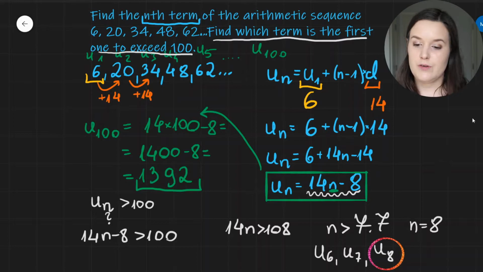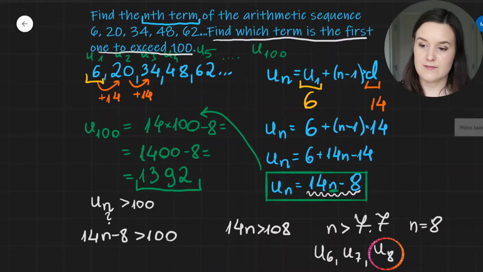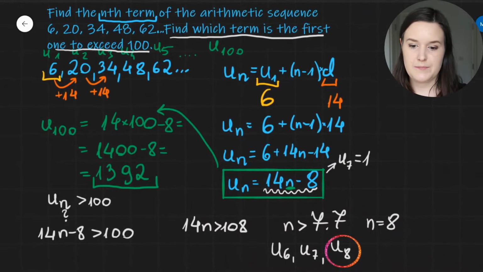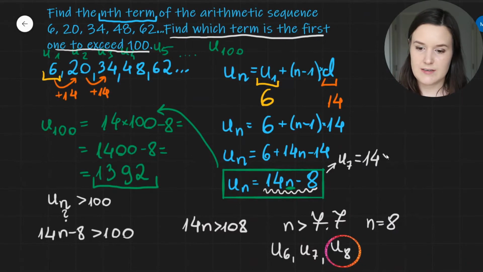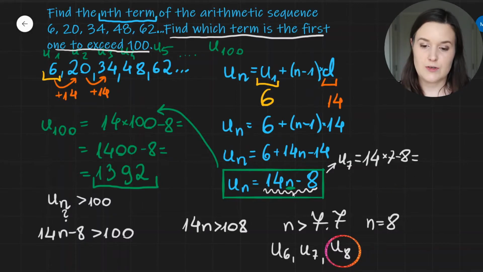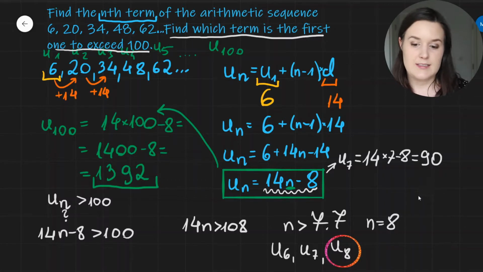Let me show you on calculations to make sense of it. Let's calculate using the formula. Let's calculate U7. U7 is 14 times 7 minus 8. That's the formula, right? It is always 14n minus 8. So 14 times 7 minus 8 is 90. So the 7th term is 90, and that is less than 100.